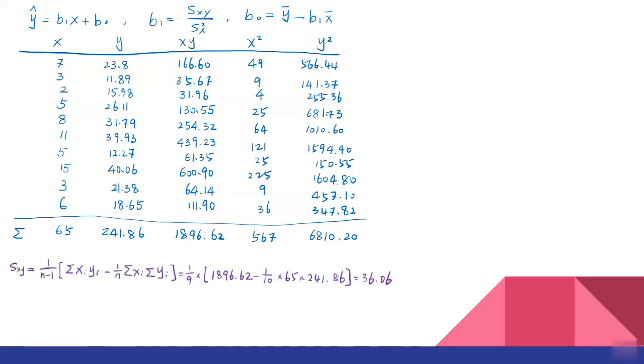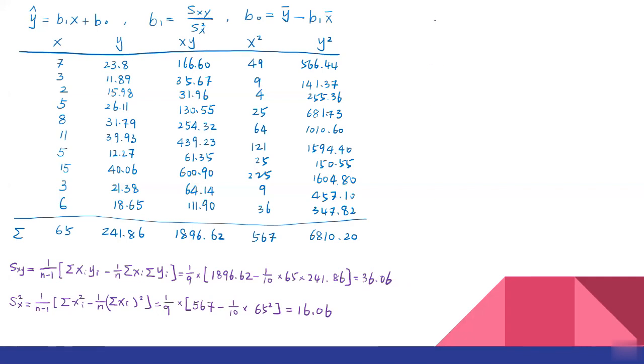Because B1 is SXY divided by SX squared, we also need to calculate SX squared, which is 1 over n minus 1 times, and this gives us 16.06.